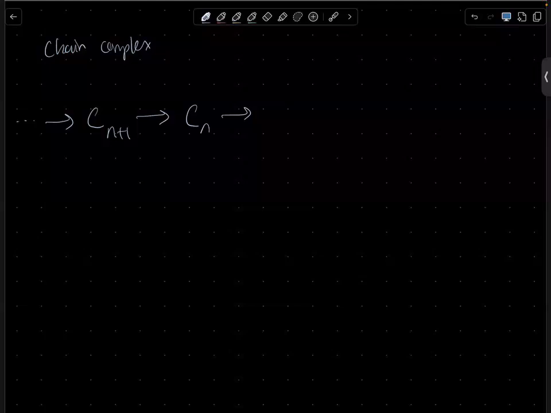So, a chain complex. They look like this. They're typically written with suggestive lettering. So C_{n+1}, C_n, and this time I'll just write them in descending order. There's also the cochain complex, but I'll come to that at the end, maybe. They're not that different.